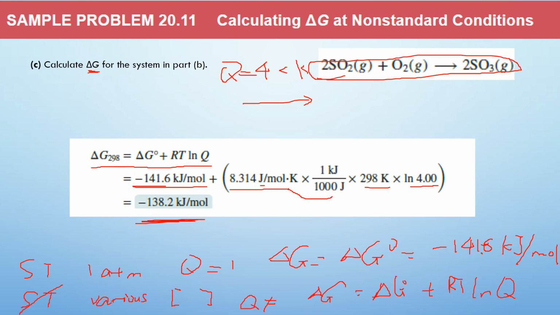So for this problem, when the concentrations of each gas are as given in part B, that means a Q value equal to 4, and the corresponding delta G, which is no longer equal to delta G naught, will be equal to negative 138 kilojoules per mole. It is slightly different from the standard delta G naught, but it is still very negative, meaning it is still very spontaneous, in the direction of the products.